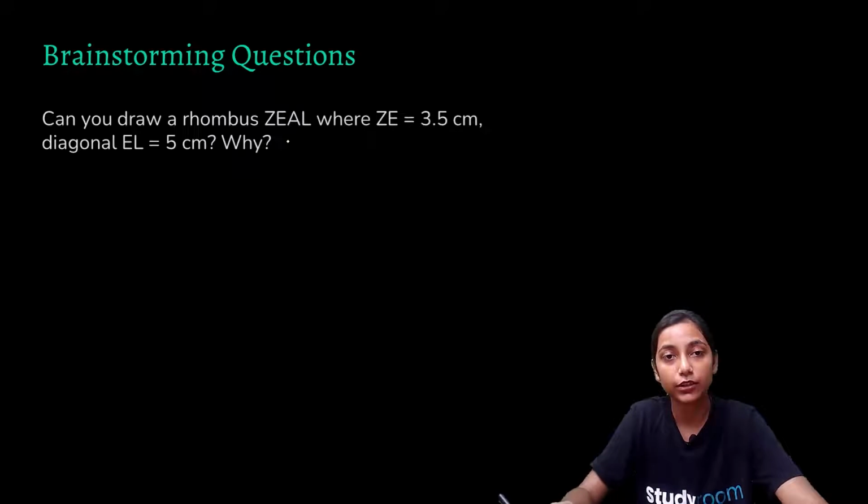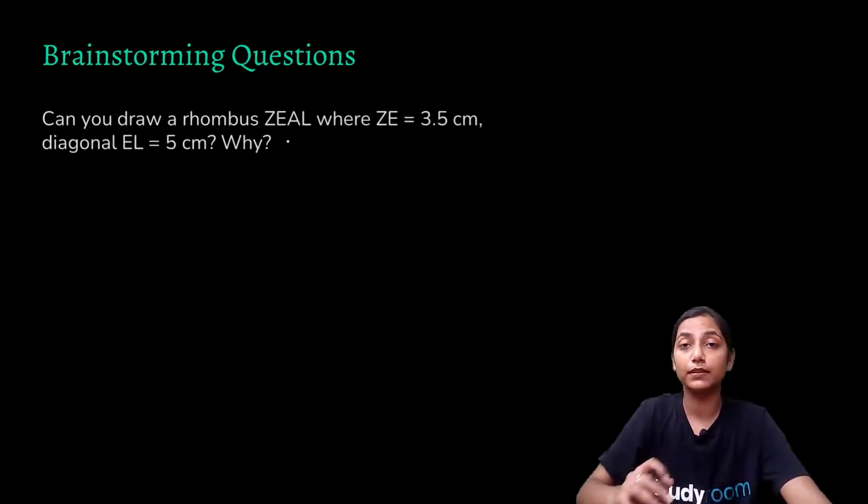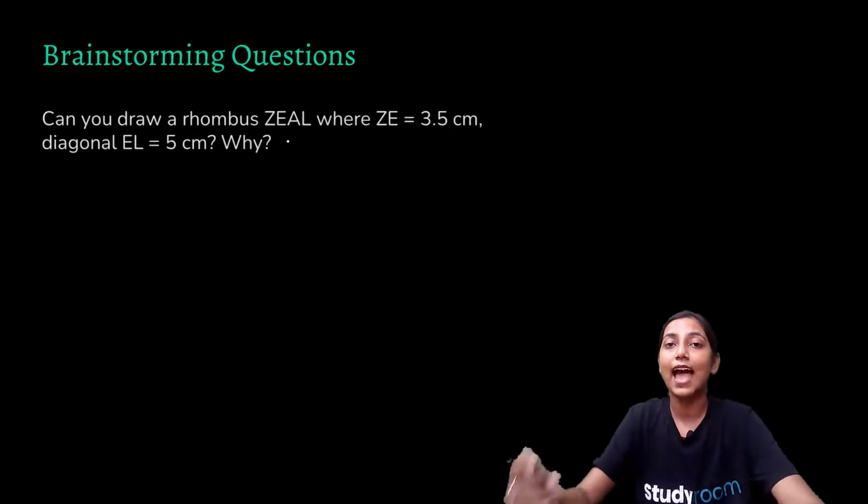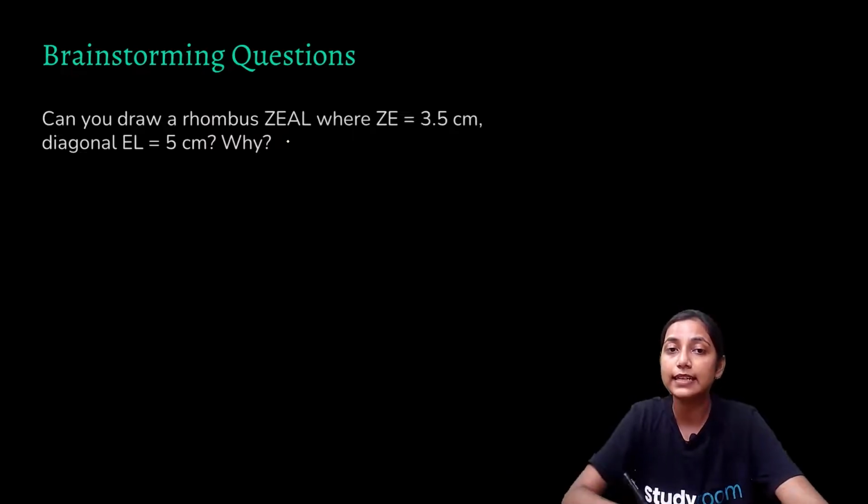Another brainstorming question. Can we draw a rhombus? In the previous brainstorming question, it was a parallelogram. Now the question is, can you draw a rhombus ZEAL, where ZE is given to be 3.5 centimeter, diagonal EL is equal to 5 centimeter, and why?